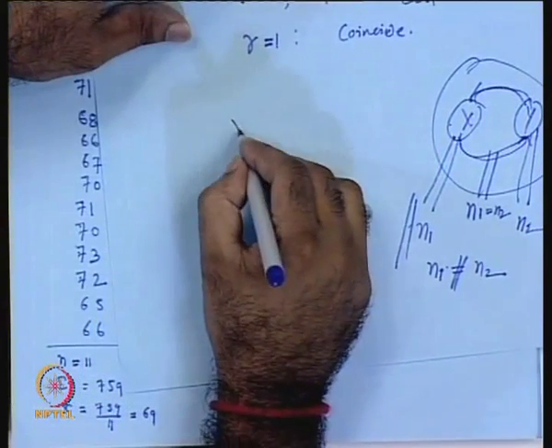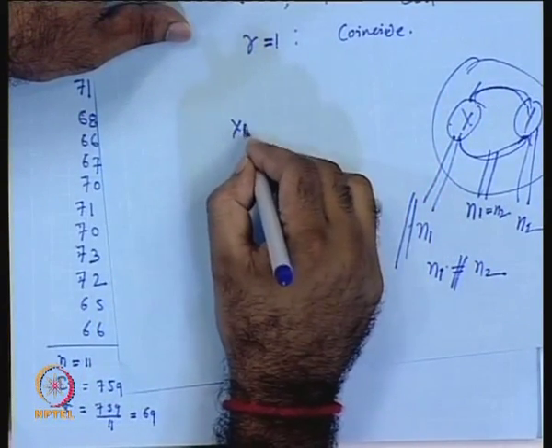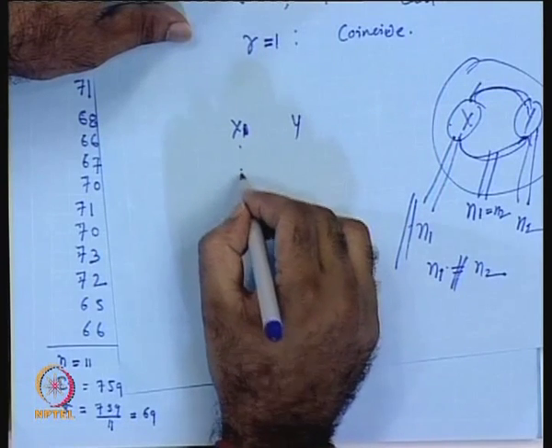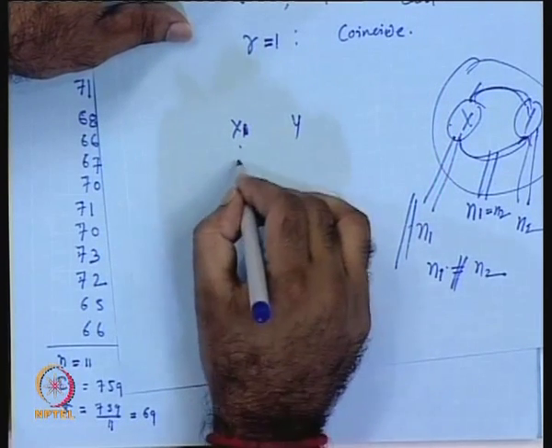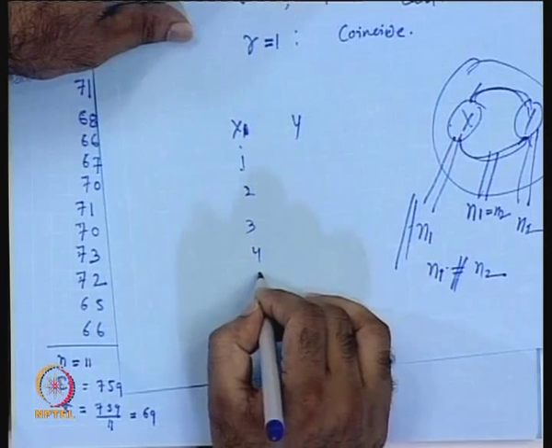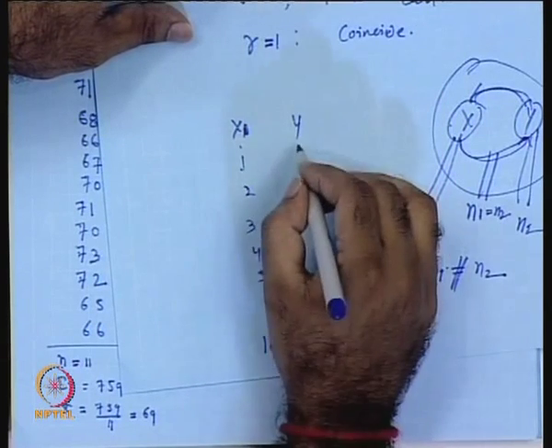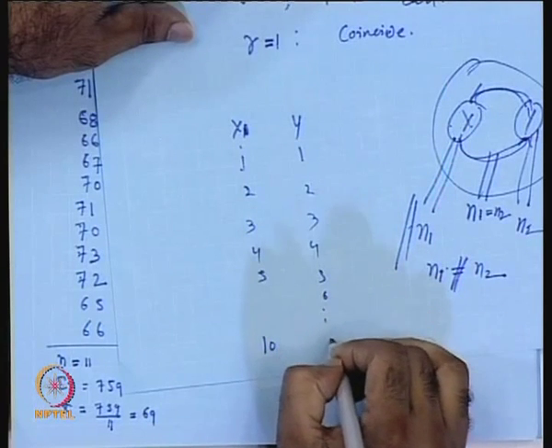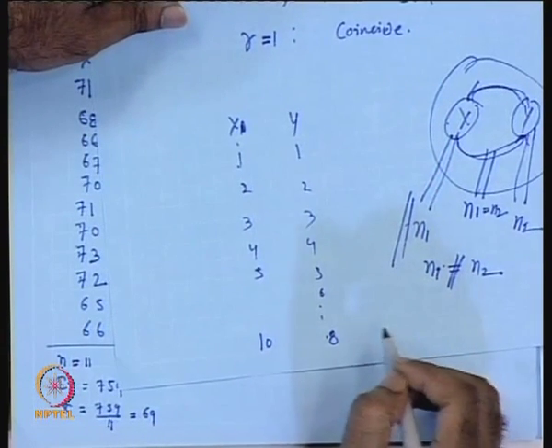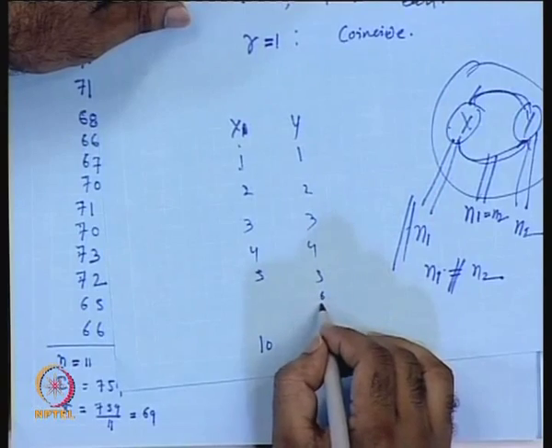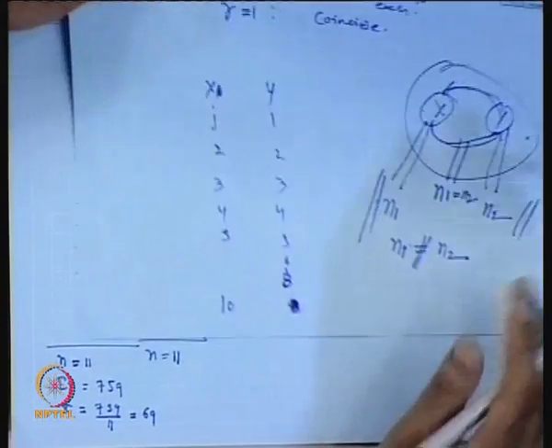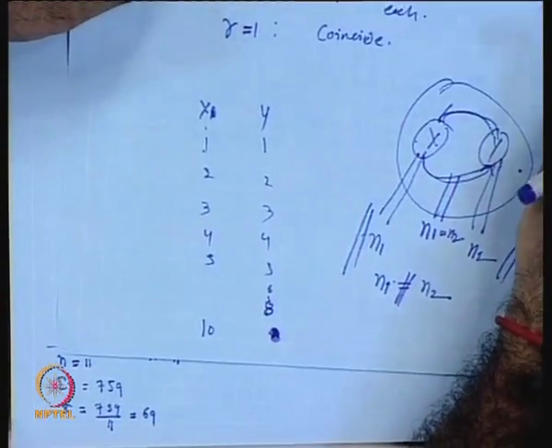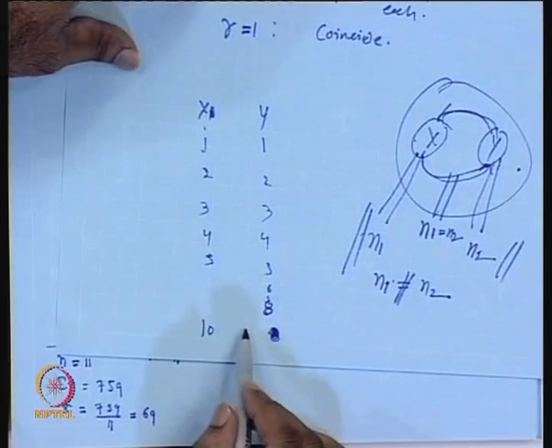Of course, if we have an x variable and a y variable, you can say 1, 2, 3, 4, 5 up to say 10 observations. In another case we have 1, 2, 3, 4, 5, 6 up to 8. So what do we have to do in that case?